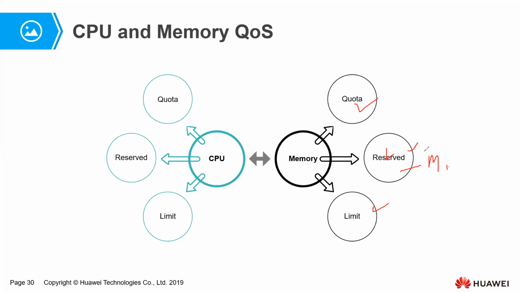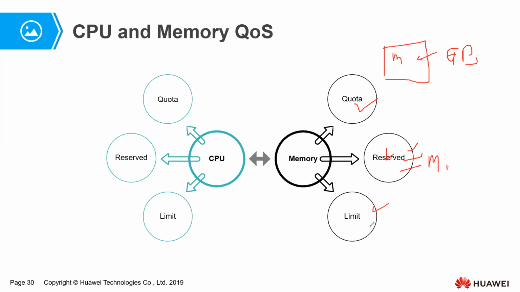If certain memory resources are reserved for a virtual machine, other virtual machines cannot use those memory resources, even if they are idle. That's why when you create a virtual machine and assign it 2 GB, that 2 GB is taken away from your host, because it uses the reserved part of memory quality of service.